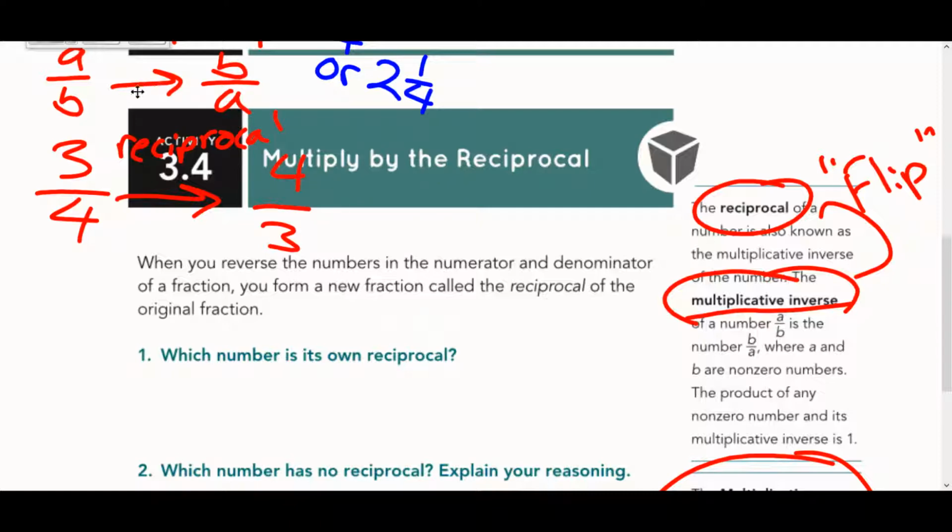Now notice these are not equal. I did not put an equal sign here. I'm saying these are the reciprocals. So the reciprocal of 3/4 is 4 over 3. What am I doing? I'm just flipping the top number, making it the bottom, and the bottom number the top. I'm just switching the numerator and the denominator. That is the reciprocal. Sometimes we call it the flip, because you're just flipping it on its head. Top becomes bottom, bottom becomes top.